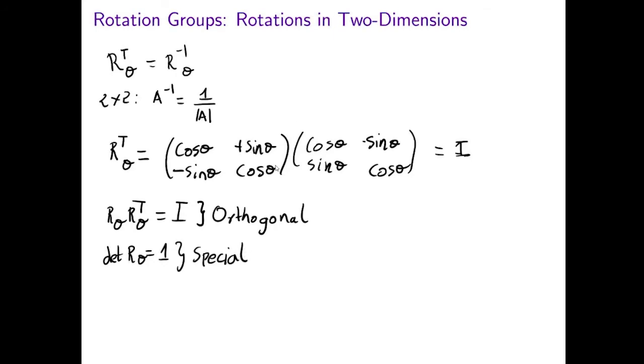Well, it's pretty obvious that they form a group, and the reason is that if I multiply r theta by r phi, this action is rotating by r theta and this is rotating by r phi, in the same direction, so it's just adding them. And obviously this is yet another rotation.